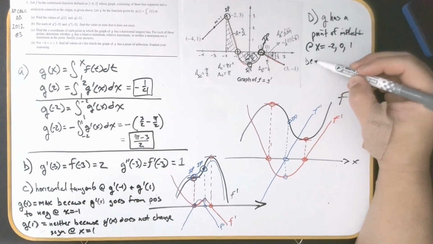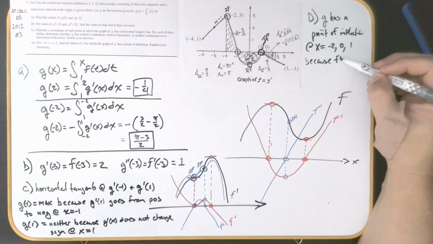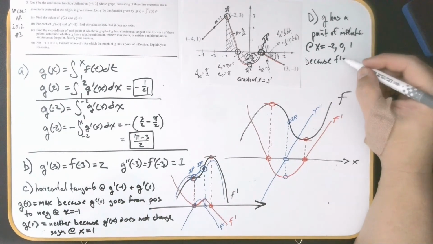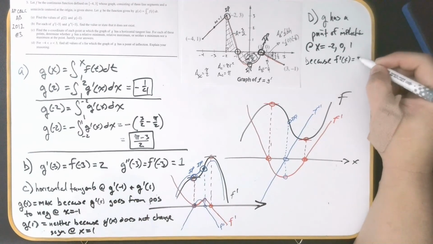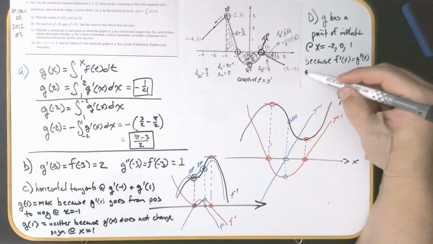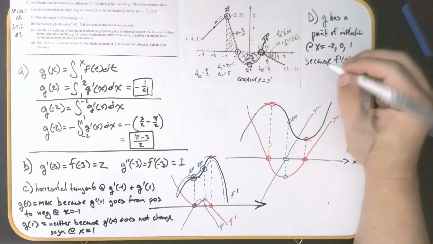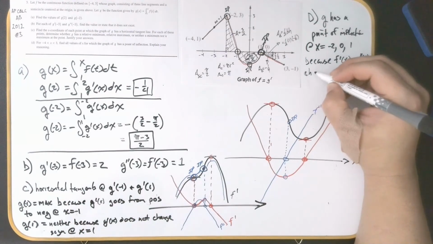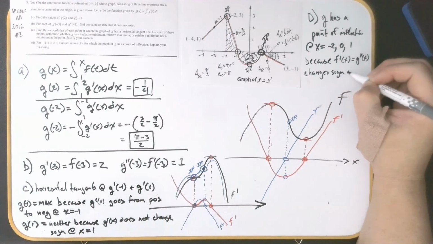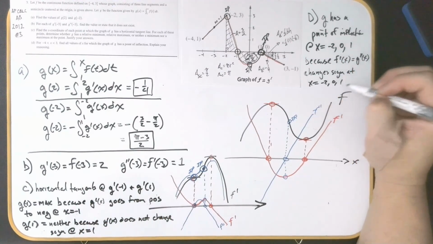And I'm just going to say because the second derivative, which is actually f prime, because f prime of x, which is equal to the second derivative of g, changes sign at these places. Changes sign at x equals -2, 0, and 1.